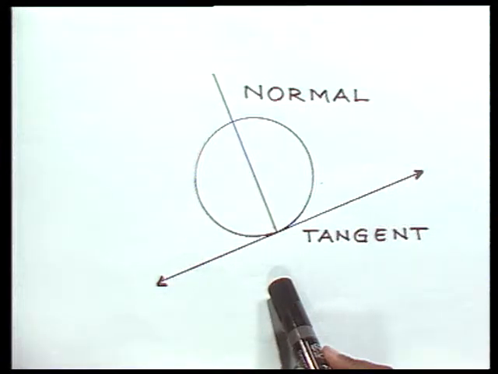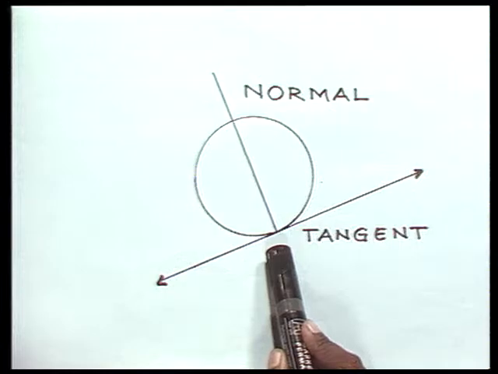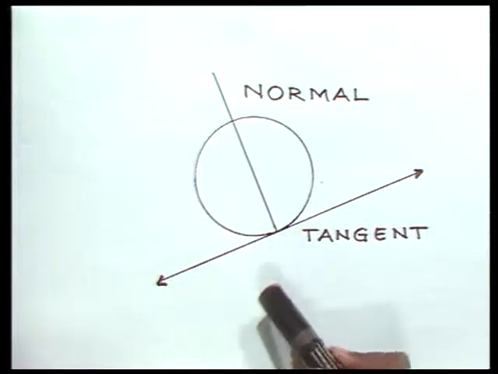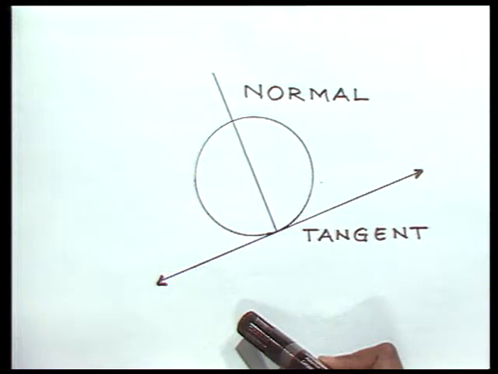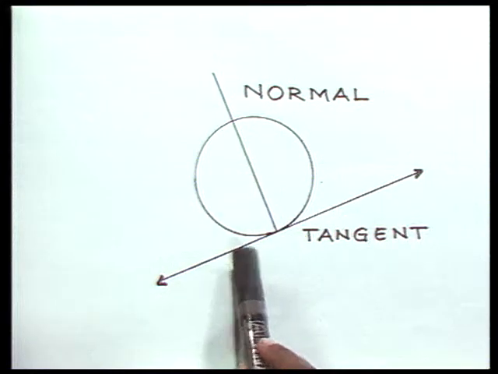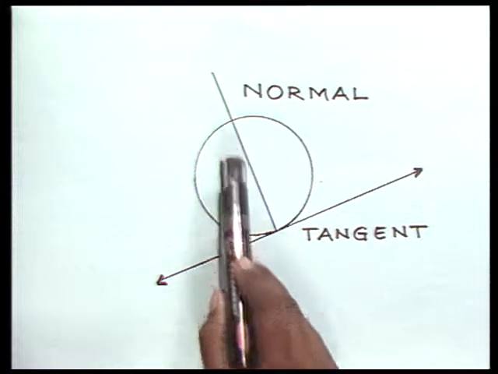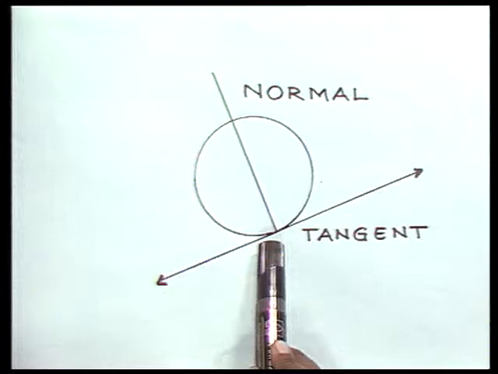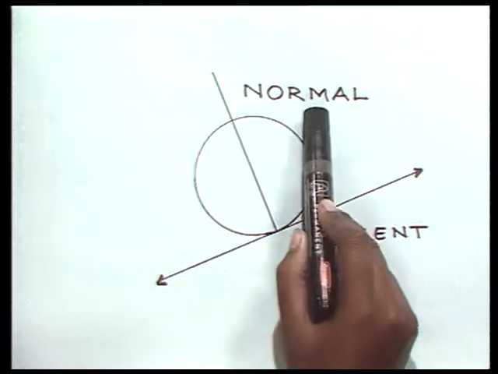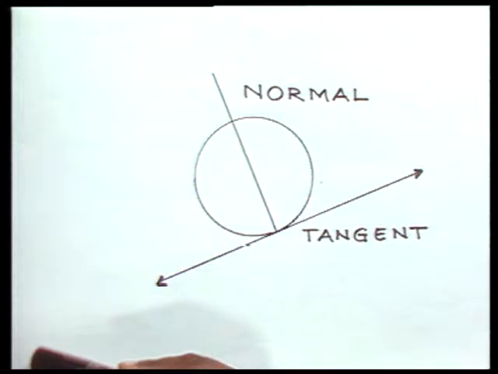And if a line is touching the circle at just one point, then this line is called a tangent to the circle. And a line which is drawn perpendicular to the tangent at the point of contact is called a normal to the circle.